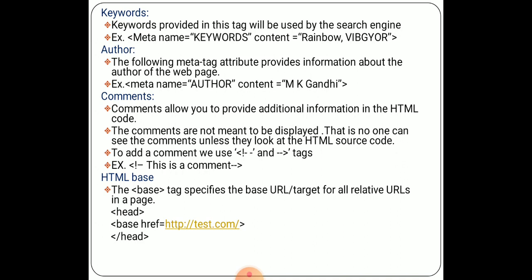Now next point, HTML base. The base tag specifies the base URL for all relative URLs in a page. It means the base gives the target URL for relative URLs on the page. As an example, in the head tag: base href equals "http://test.com".